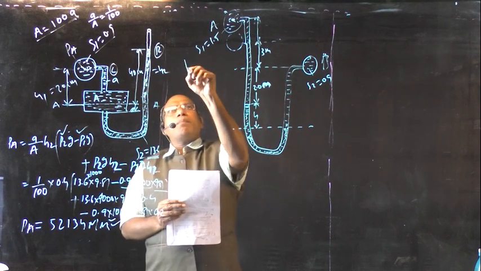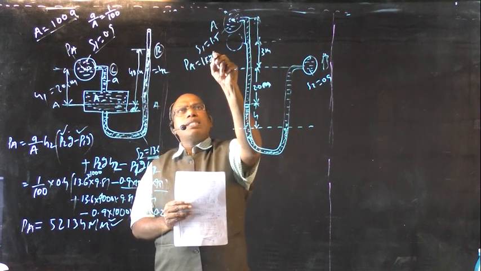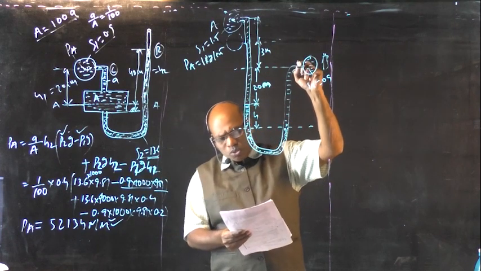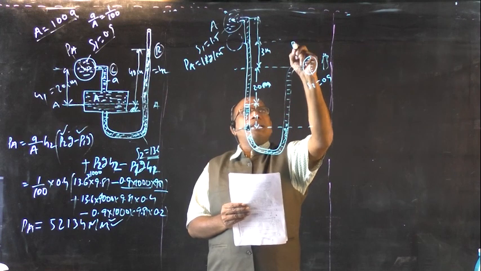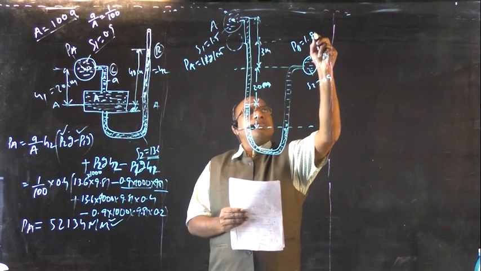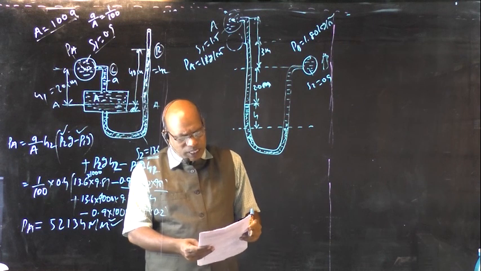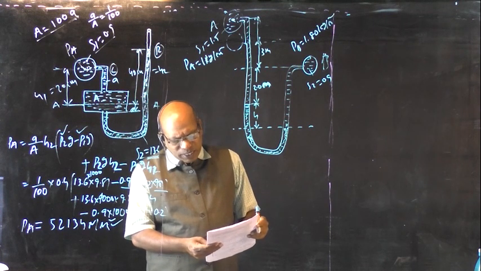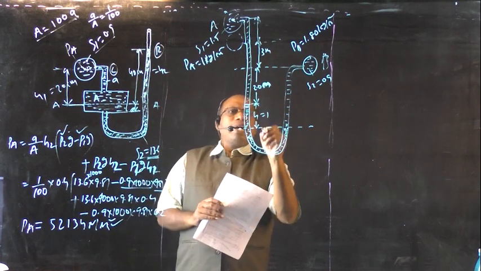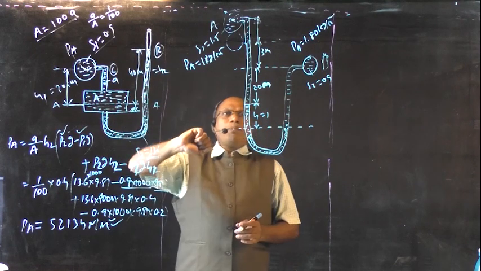Pressure at A, PA, equal to 1 kg force per cm square. Pressure at B equal to 1.80 kg force per cm square respectively. Find the difference in mercury level in the differential manometer. What is the H? This is the differential mercury level difference. Right, this is the problem.